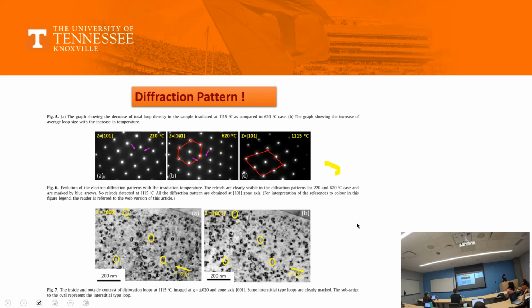Go ahead. Right. The one on the left. This one is the center. So what I see here is zone axis 101. They should look the same.